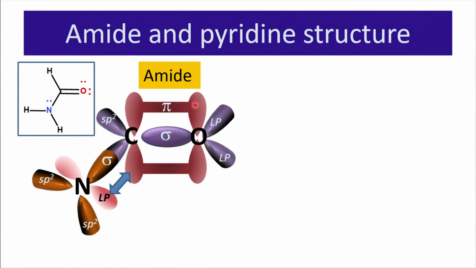Pi bonds are formed by p orbital overlap, and here again the lone pair on nitrogen is on the p orbital. So we have the nitrogen lone pair in a p orbital and the carbonyl pi bond, and these two p orbitals are in the same plane. So now the overlap or resonance is possible in this structure.